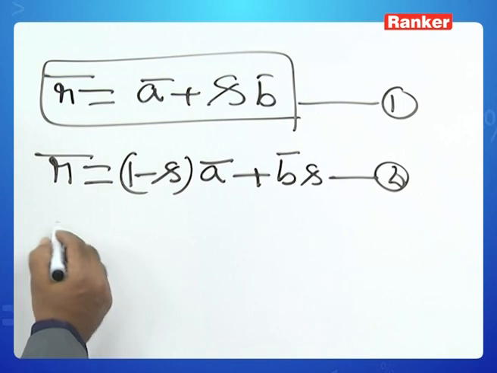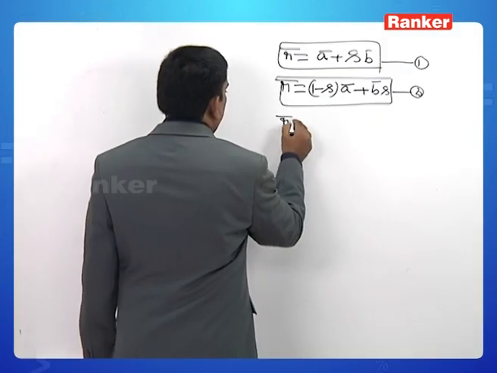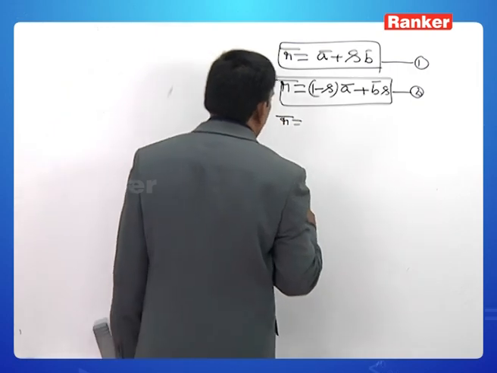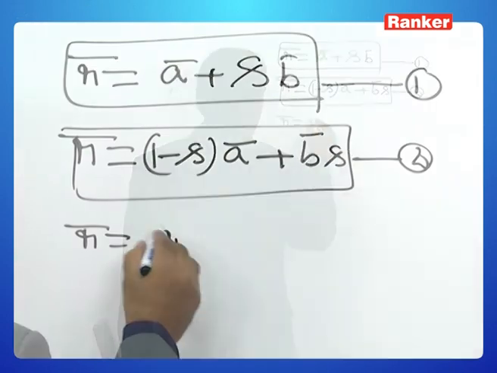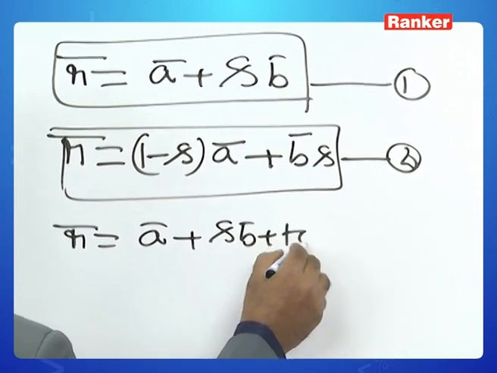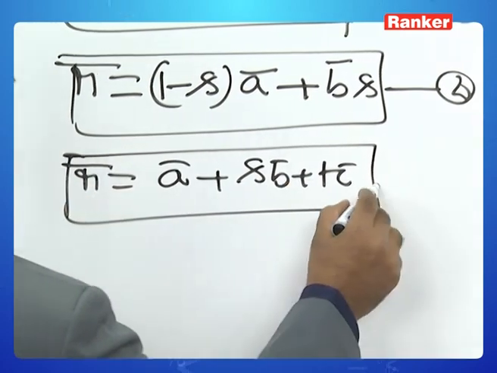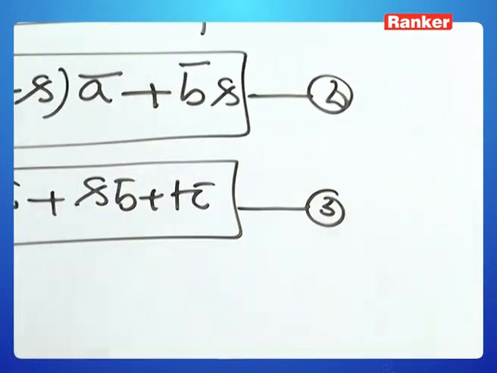Next, the vector equation of a plane. The vector equation of a plane passing through one point and parallel to two vectors is R bar equal to A bar plus s B bar plus t C bar.